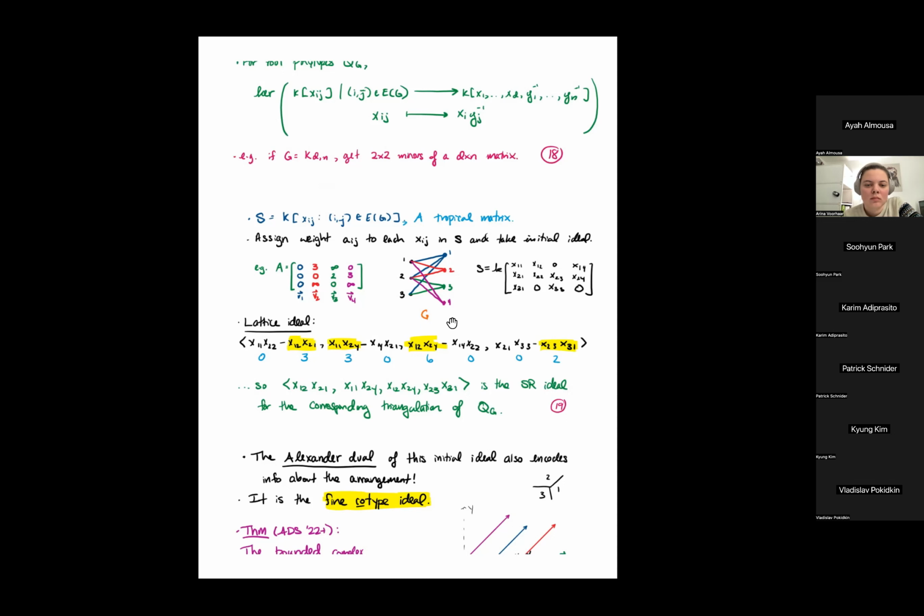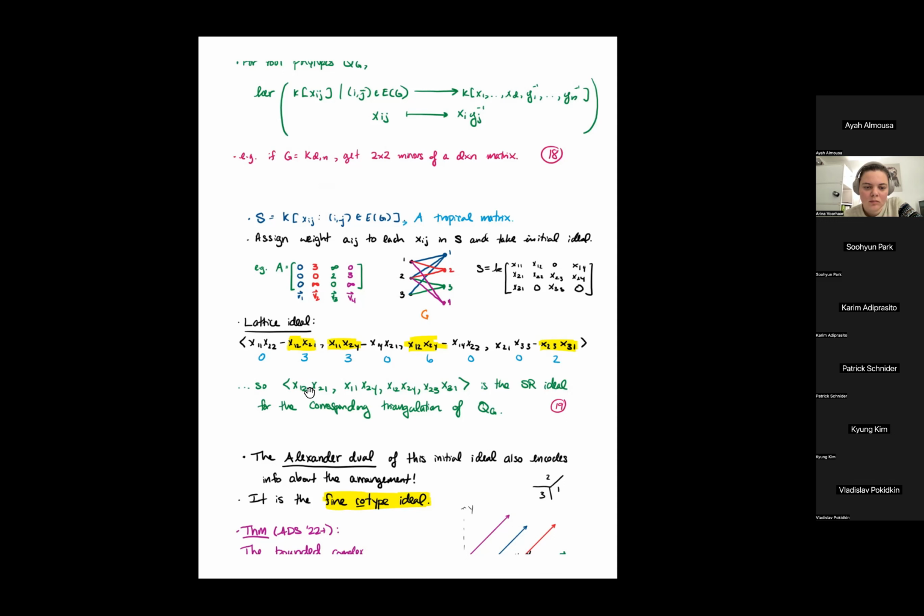This story works if the arrangement's not generic and you have maybe things on top of things, but it might be that terms are tied. But for the purposes of this talk, I'm going to avoid a lot of these nuances and just focus on the cases where things are sufficiently generic, because the story is particularly nice.